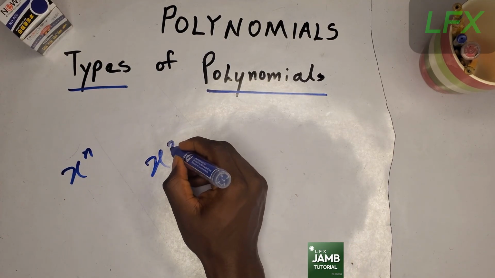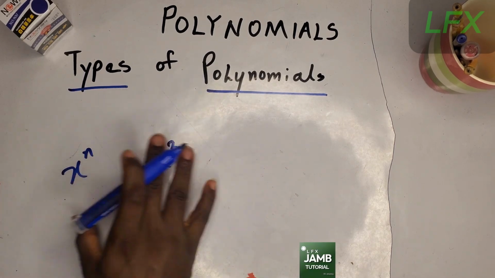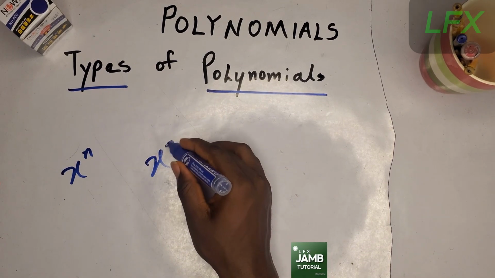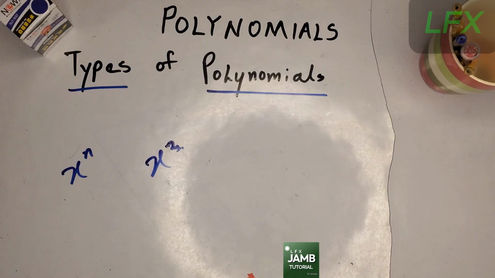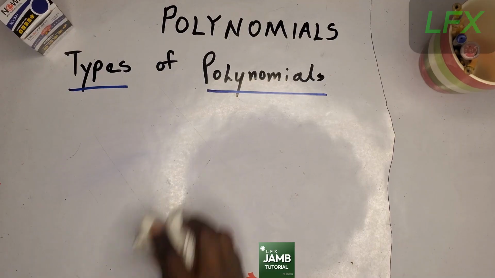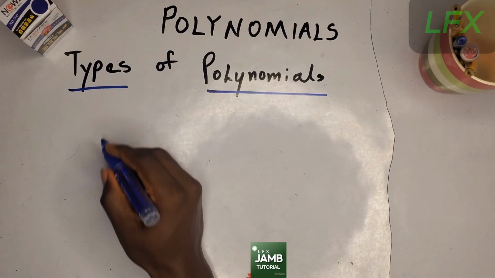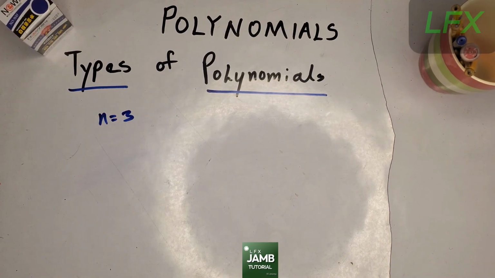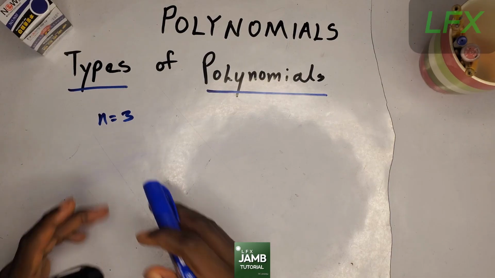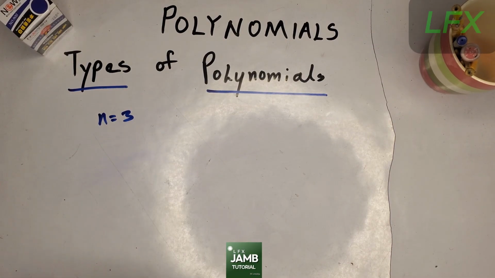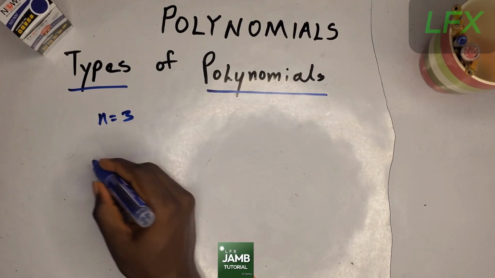If you say x raised to power 2, the degree of that equation is what? 2. x raised to power 3, the degree of that equation is what? 3. So basically, for the sake of this class, we are going to stop at degree n equals 3.